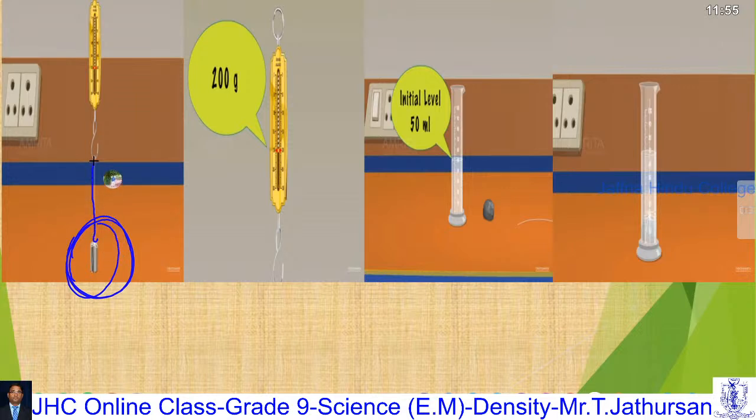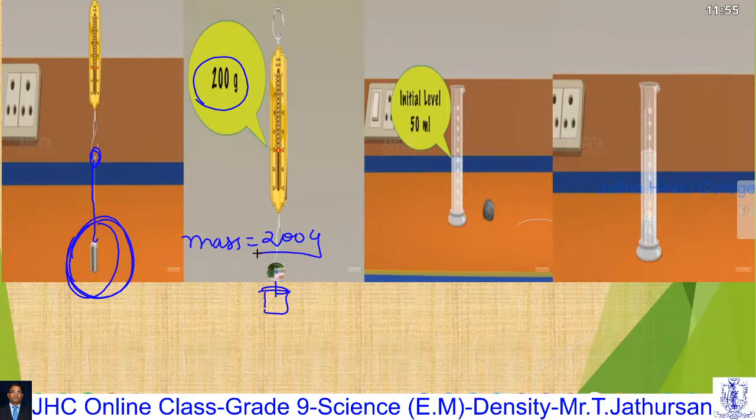Now weigh the iron rod using the spring balance by looping the free end of the twine to the spring balance and suspending it vertically. What is the mass of the iron rod? 200 gram.